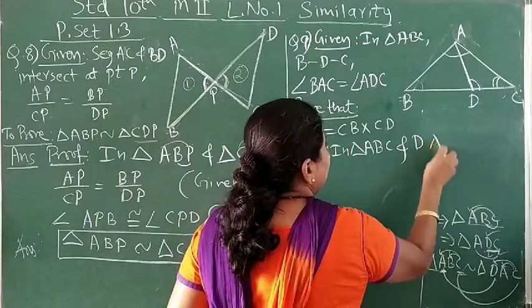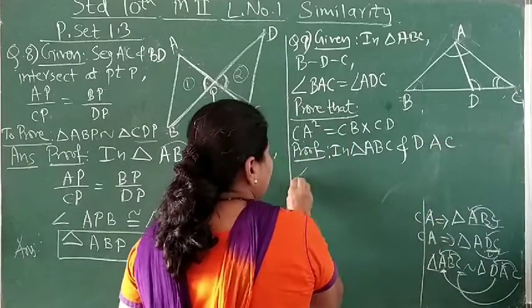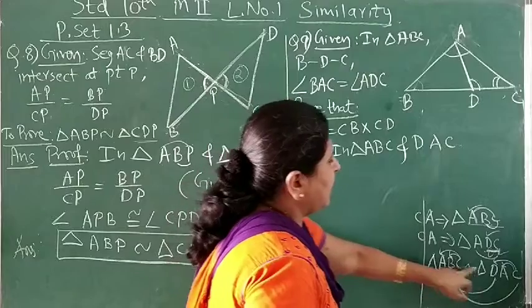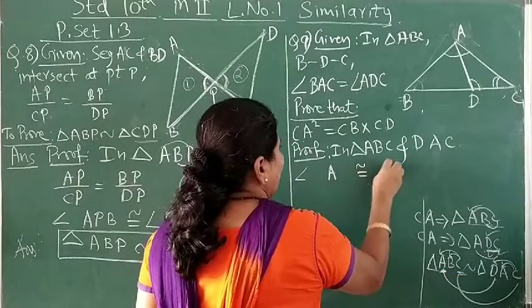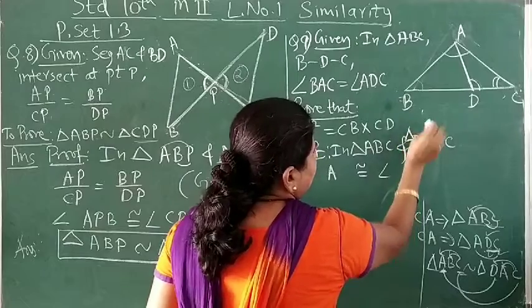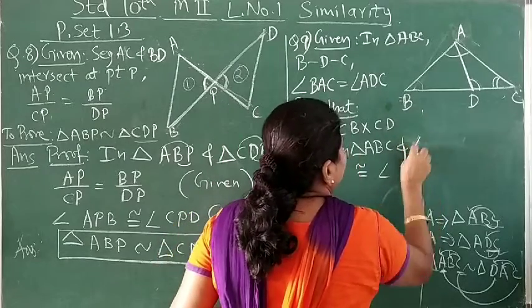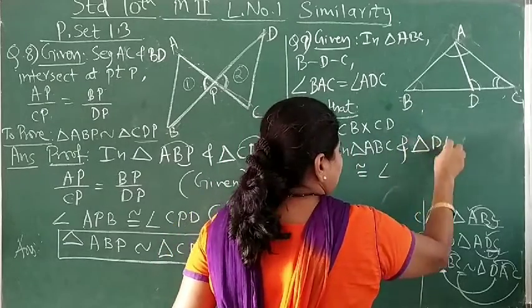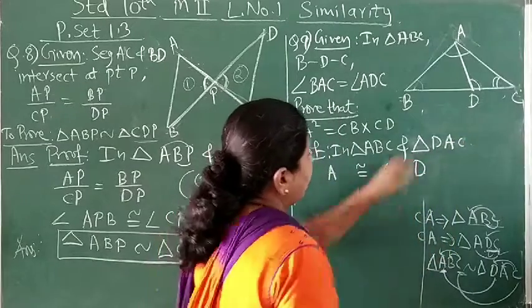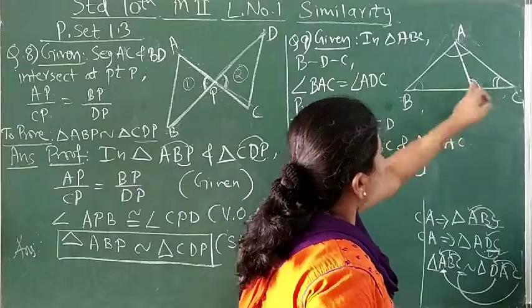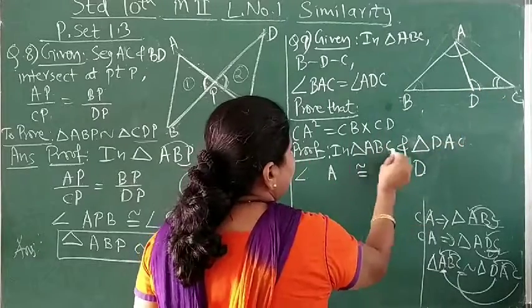It is DAC. In these triangles we are going to show angle A and angle D congruent. So angle A is congruent with the angle D. Write the remaining letters here.